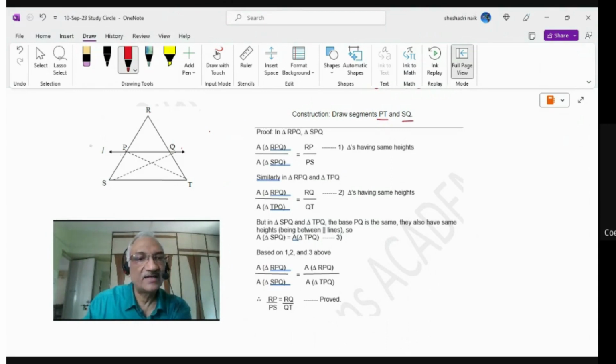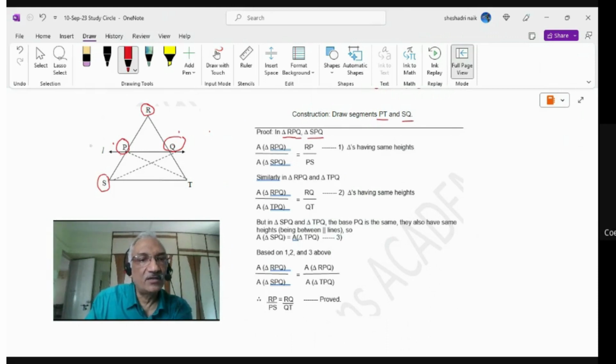Now it forms various triangles, and we're going to look at two triangles first, RPQ and SPQ.